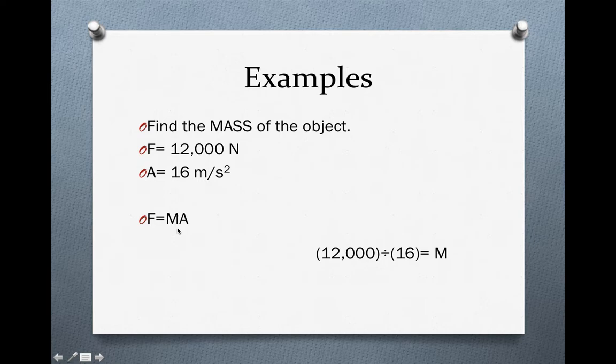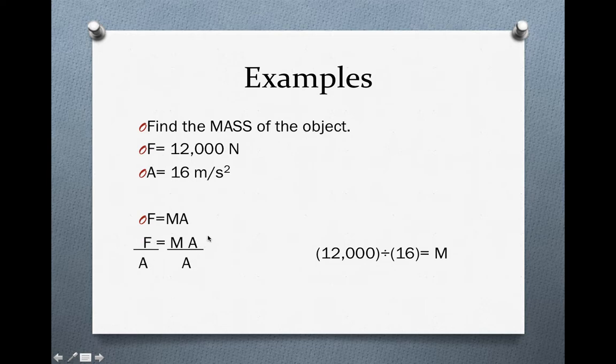So we're going to do a little bit of algebra, and on each side, we are going to divide by A. All right, the reason that we divide by A is because we want to get this M by itself. So in order to do that, we have to do the same to each side in an algebraic equation.